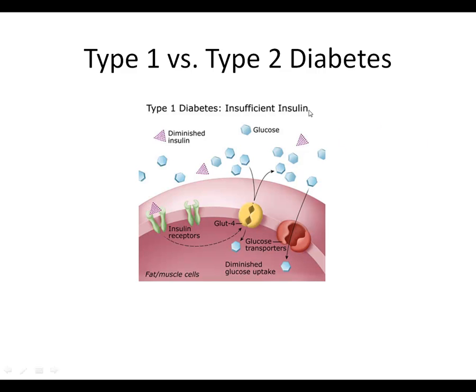So let's talk about how the two different types of diabetes work. In type 1 diabetes, the insulin that you have and can produce from your pancreas is not enough to complete the job. So the way that blood glucose regulation works is that in order for the glucose to get from the bloodstream into fat or muscle cells, it has to go through transporters.